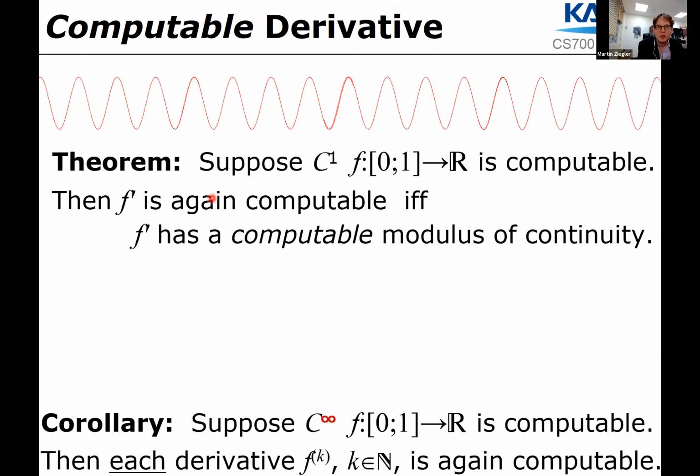Remember how we proved that any real number that can be computed by means of dyadic rational approximations also has a computable, or decidable, binary expansion.